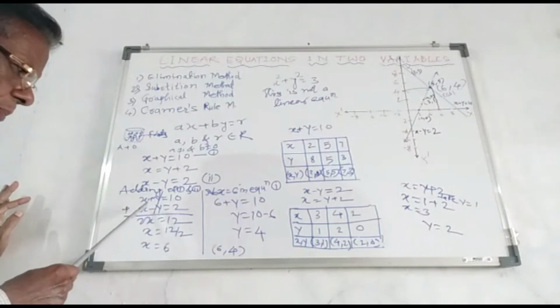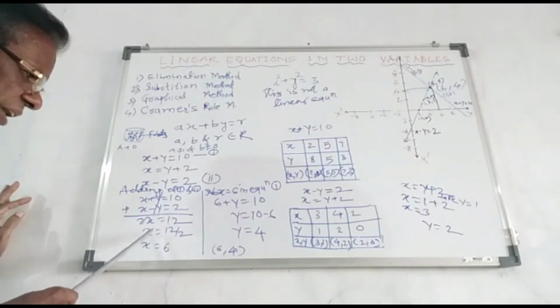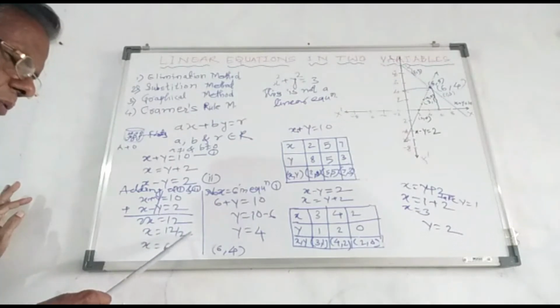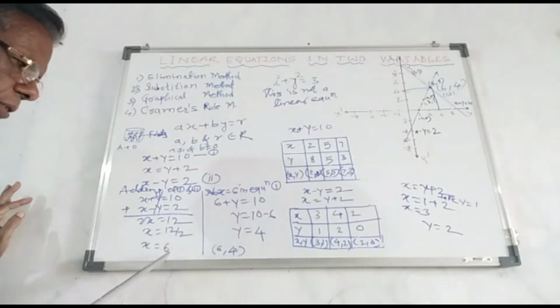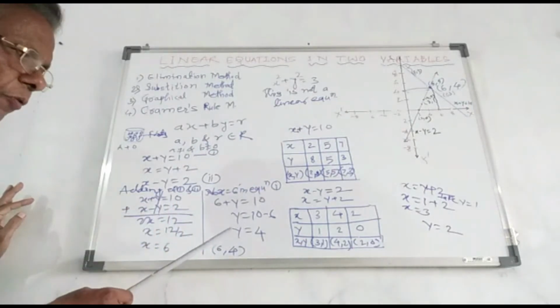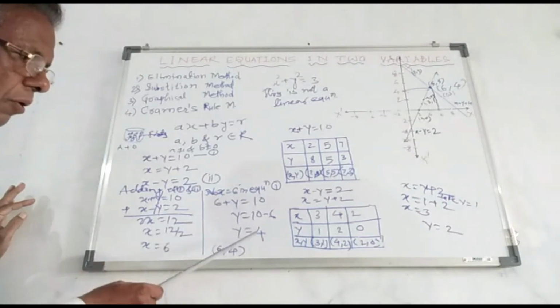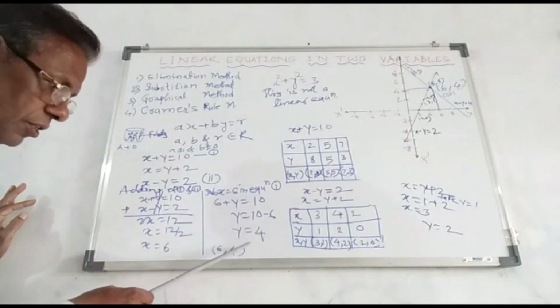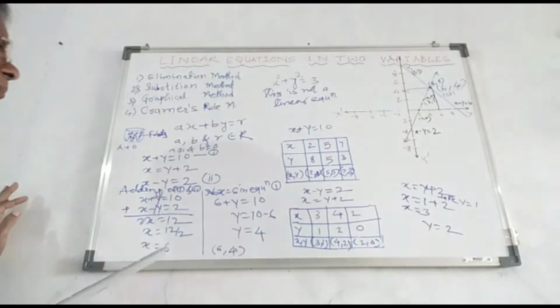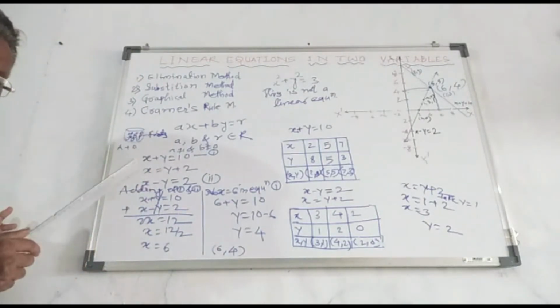So x plus x is 2x, 10 plus 2 is 12, then x equal to 12 by 2. So x equal to 6. Substitute this value in equation 1, then you will get the value of y. y equal to 4. And this is the solution of these two linear equations.